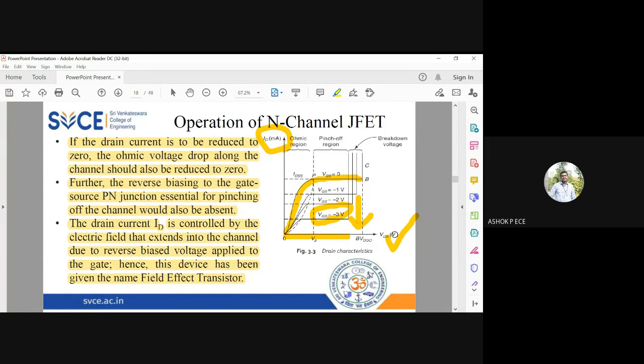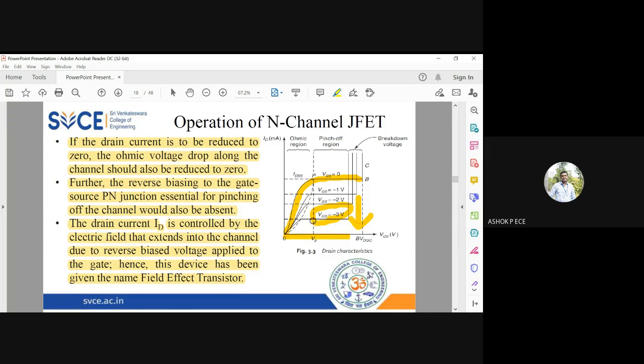Once again, please understand this. If I want to increase my drain current, I have to increase VDS from 0. You see, the drain current is beautifully increasing and becoming constant. If I want to reduce the drain current, I cannot change VDS, because increasing VDS increases the current. So the only option I have is making my gate more and more negative.